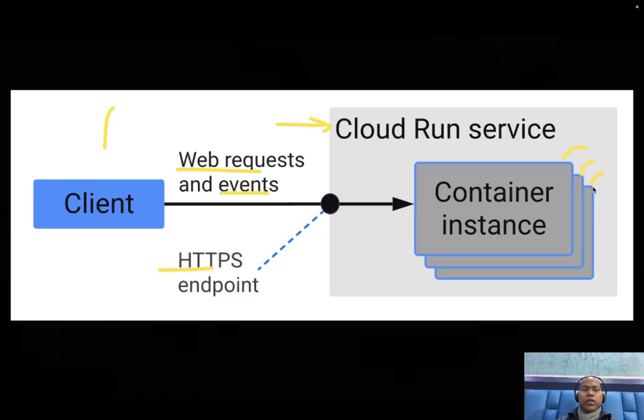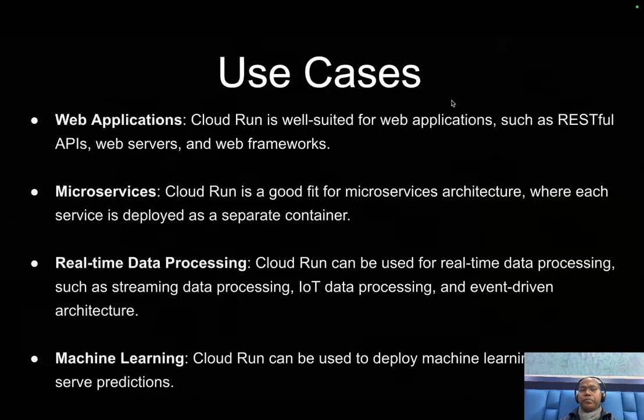You just focus on, "Hey, I have code and want to deploy," and almost all the NFRs, the high availability, scalability, reliability, and fault tolerance, are all taken care of by Cloud Run. You just deploy your containerized application on Cloud Run.